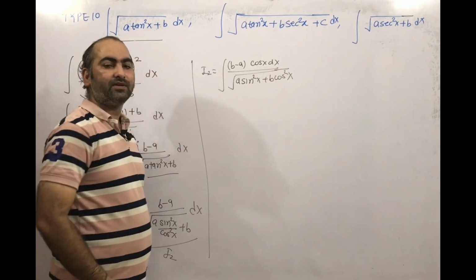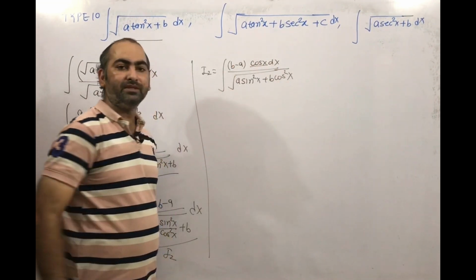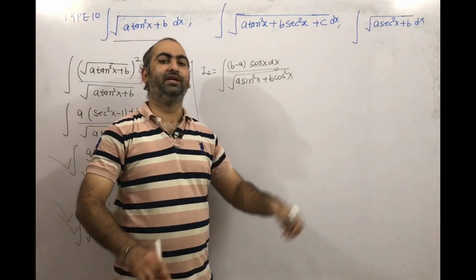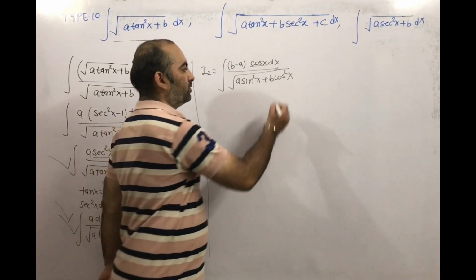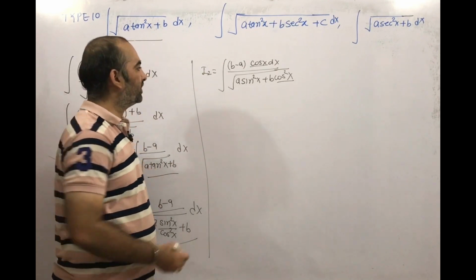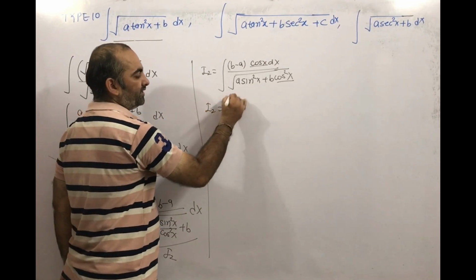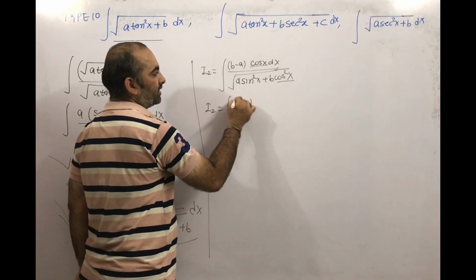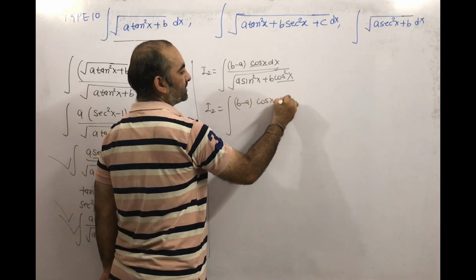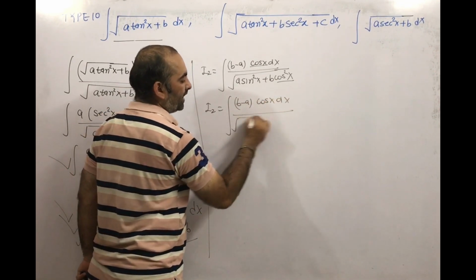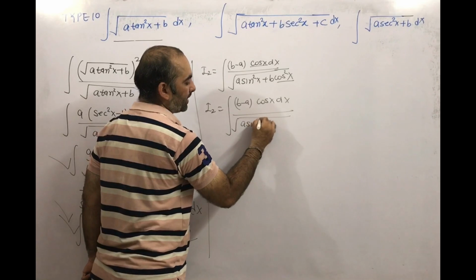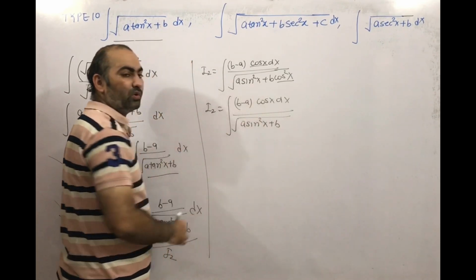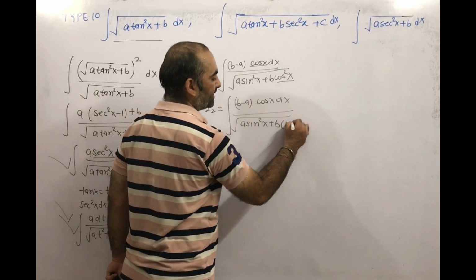Okay, so the numerator is cos x. That means in the denominator everything we have to convert in terms of sin x. So this cos x we have to convert in terms of sin x. So what will come here? I2 equal to integration of b minus a cos x dx divided by root over a sin square x plus b cos square x, we can write 1 minus sin square x.